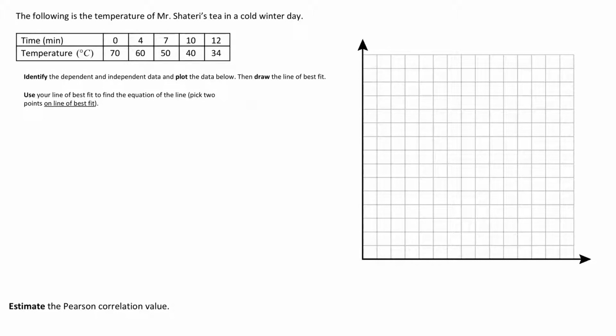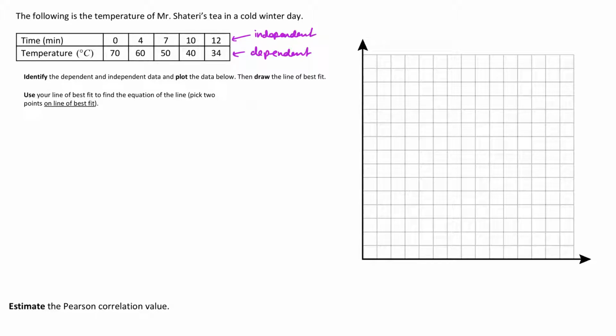So in this case, we know that as time passes, the temperature is going to change, and that's because the ambient temperature outside is colder, so that would affect this over time. So our dependent variable depends on the independent, and in this case our independent variable is the time, and our dependent is the temperature of the tea.